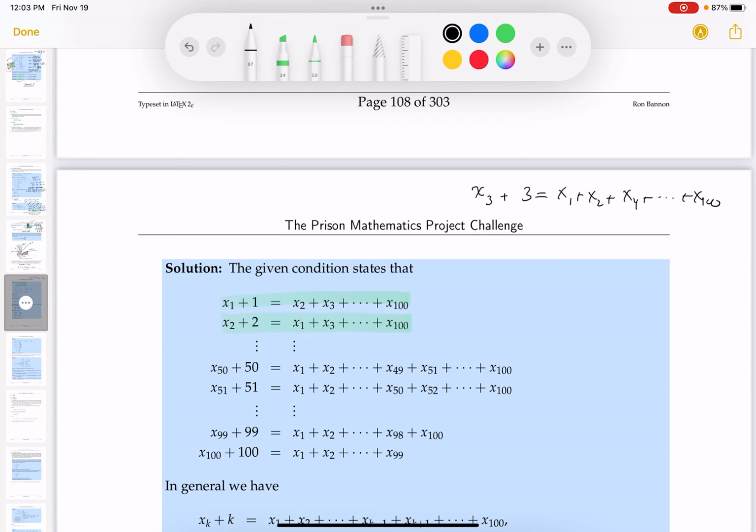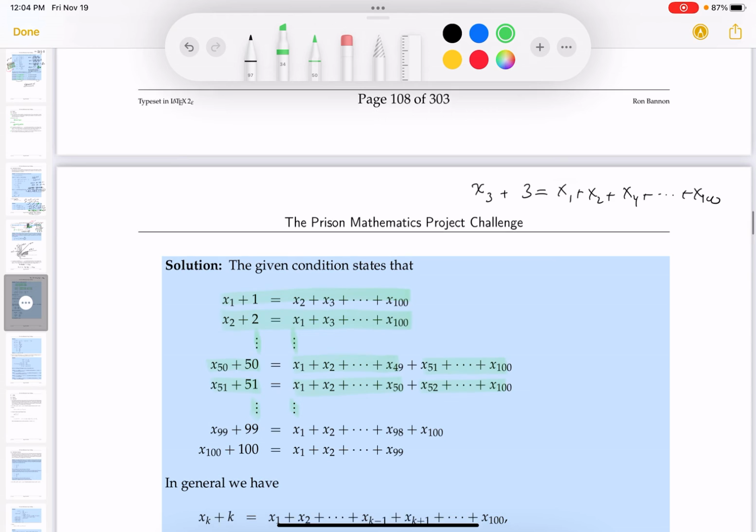You get the idea what I'm doing, right? I'm going to write them all down, and that's why I put these dots here. And if you got the x50, what would you get? x1 through x49. You have to skip over x50, and then 51 through 100. If you did 51, what do you get? x1 through 50, and 51 is going to be left out, and then 52 to 100. And then you keep going.